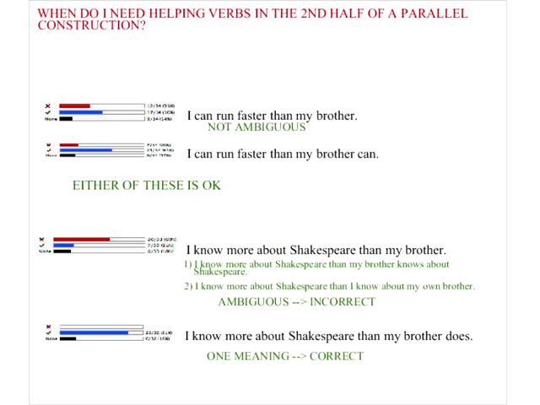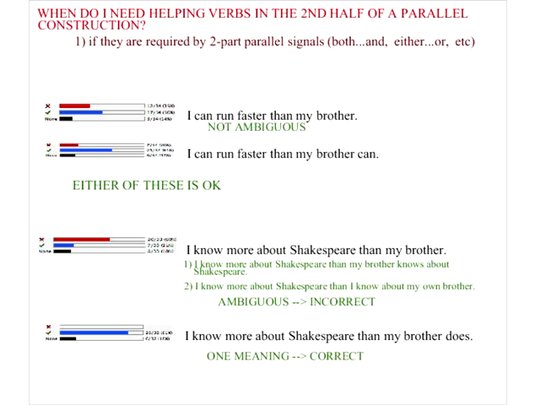Well, the first time that I might need such helping verbs is if they are required by two parallel signals, such as both, and, or either, or, etc. That's not what happens here.